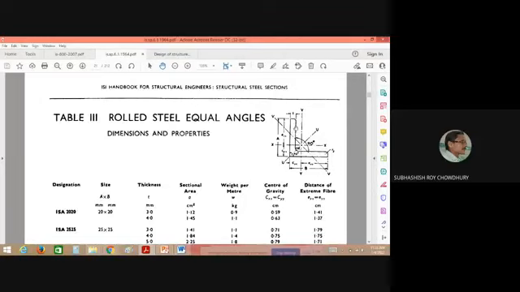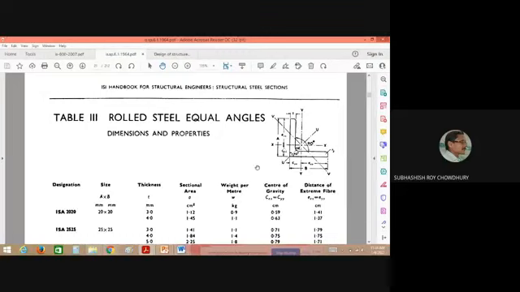For the construction of even towers or bridges, these particular sections are used, but they are used as a part of the compound section. I will tell you regarding the compound section in another class. Compound section means when a number of standard rolled steel sections are connected to each other by some connection system, and as a whole they will be considered as a single member.